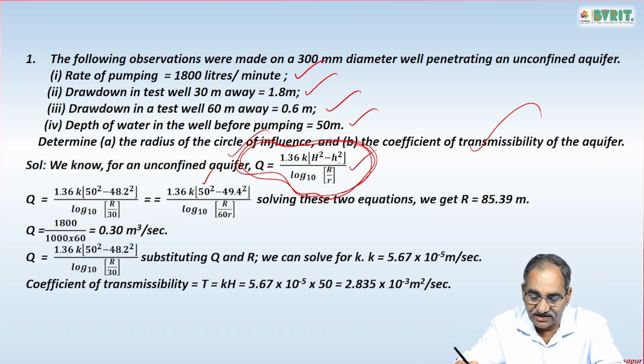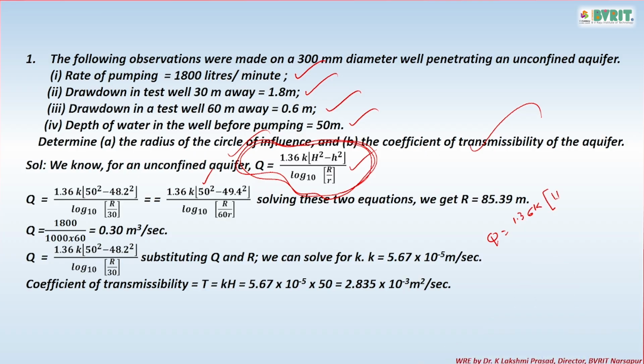So what I have done here is, Q is equal to 1.36 into K into H square minus H1 square, or H2 square, anything you can put, divided by log base 10 R by that radius, whatever it is, that radius is 60 meters.